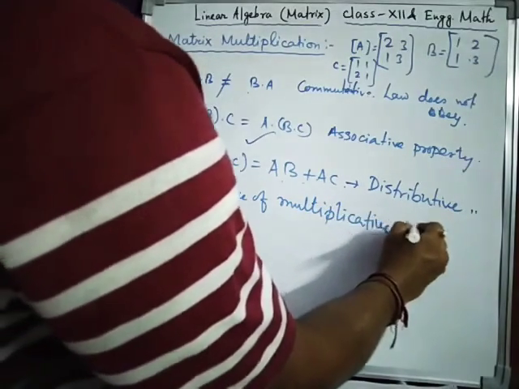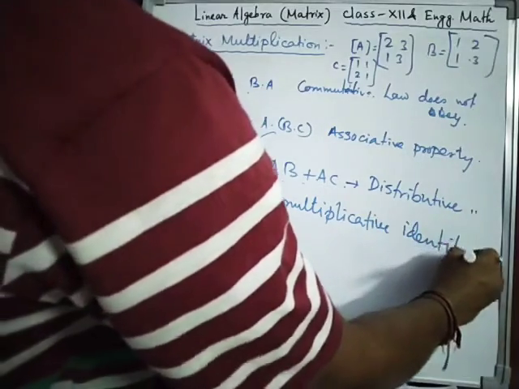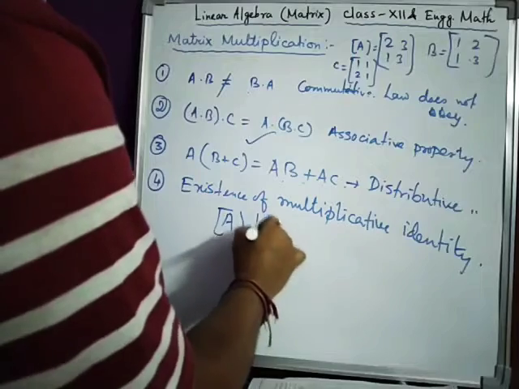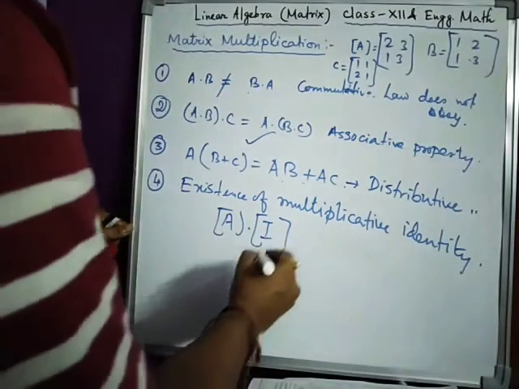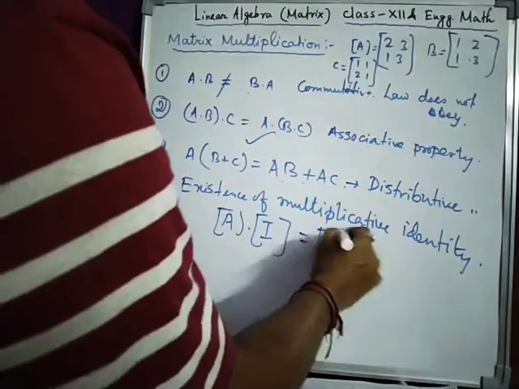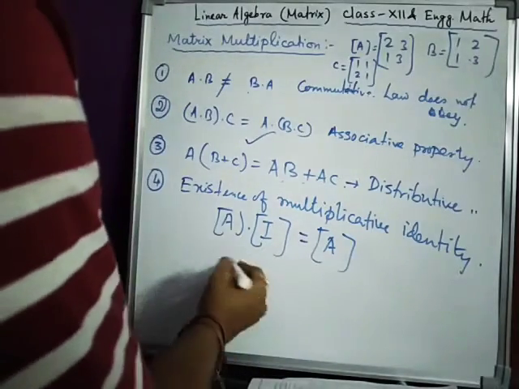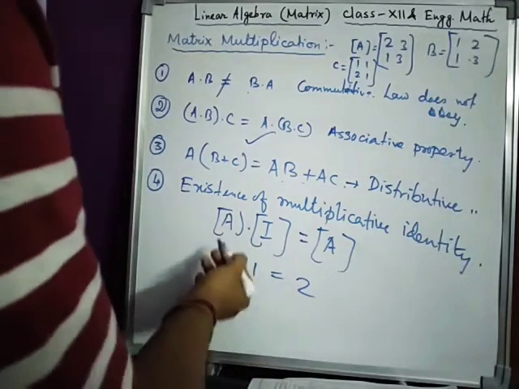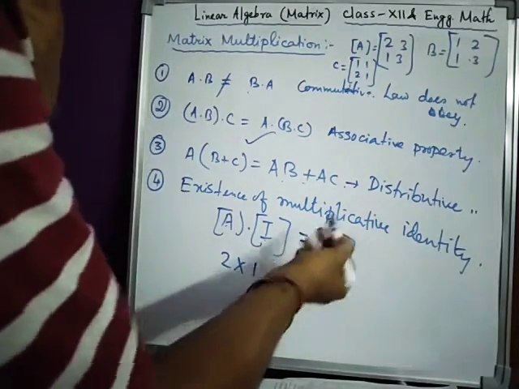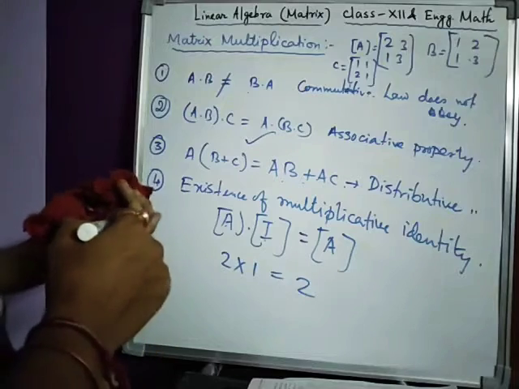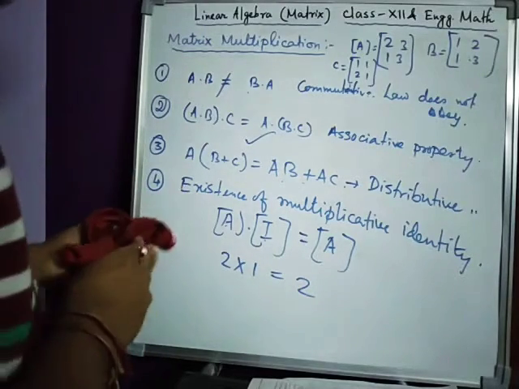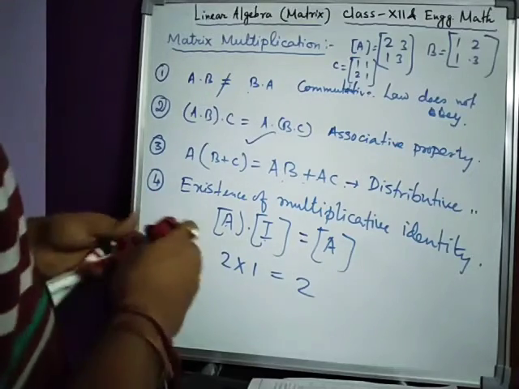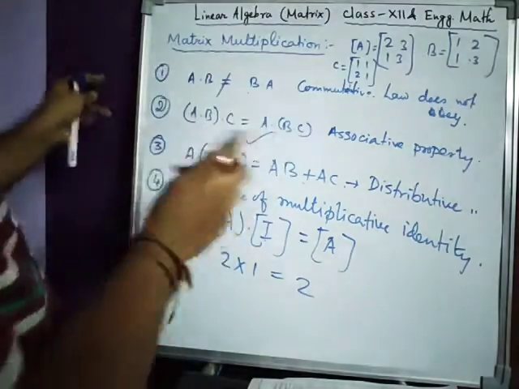That means if you multiply any matrix with I, the identity matrix or unit matrix, the answer will be the same matrix only, just similar to numbers, like 2 with 1 is equal to 2, always. Similarly, a matrix with the identity matrix always gives us the same matrix. Okay, so this is the overall property of the matrices. Now you can understand this is the concept.